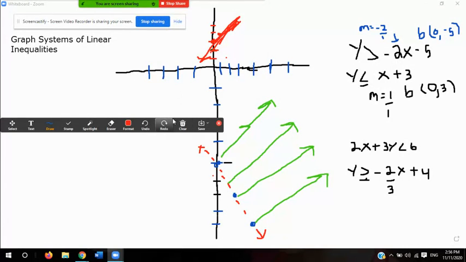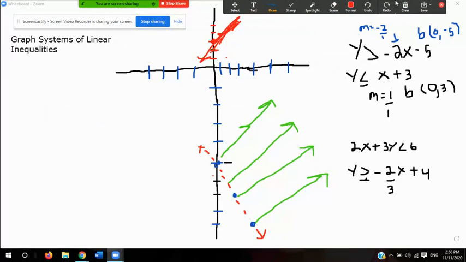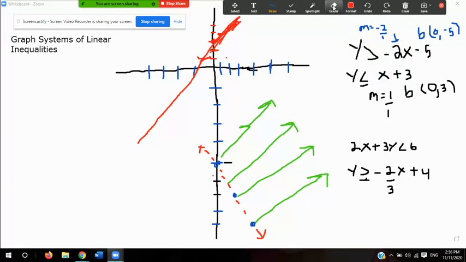Let me just move this here. And this means that the graph is going to extend infinitely. And to illustrate the point, let me just continue to draw that dotted line as well.